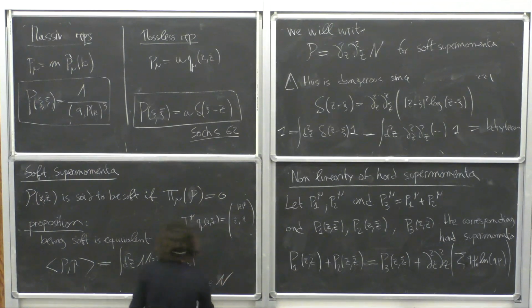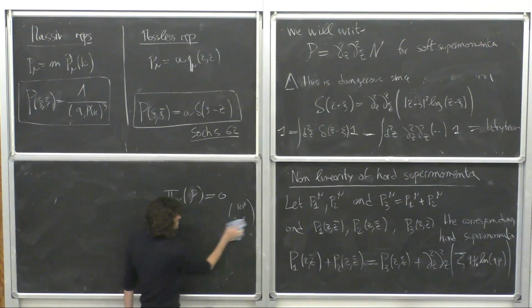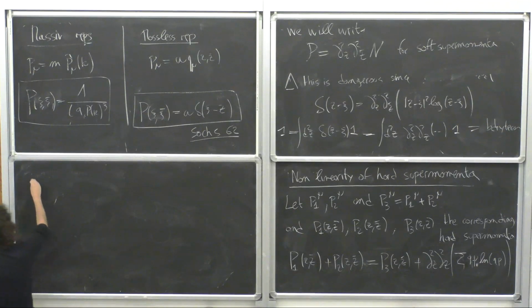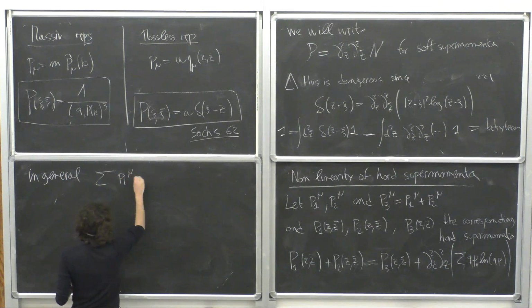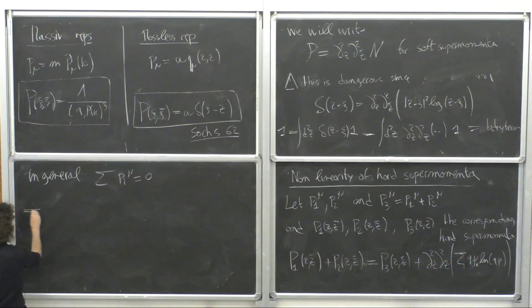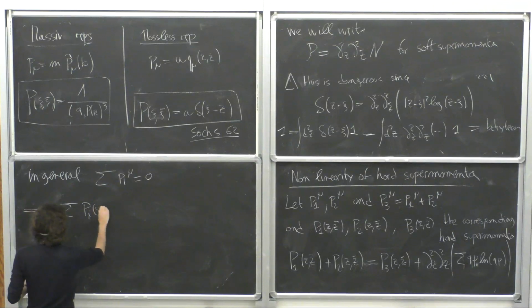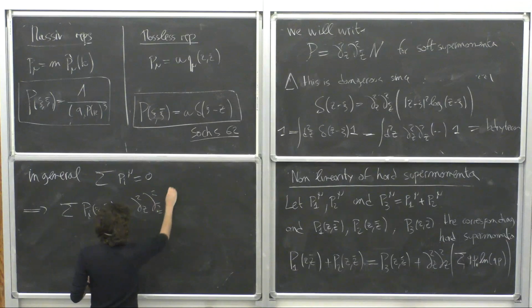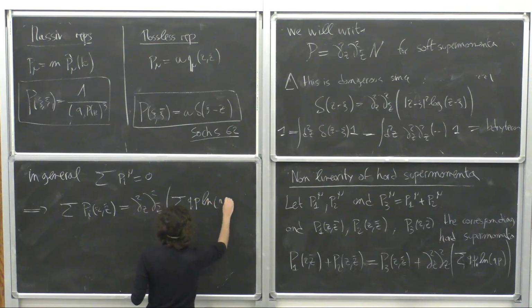Yeah, so in general, you have the sum of p_i mu equals 0 implies that the sum of the curly p_i z bar equals the soft factor, a derivative squared term.